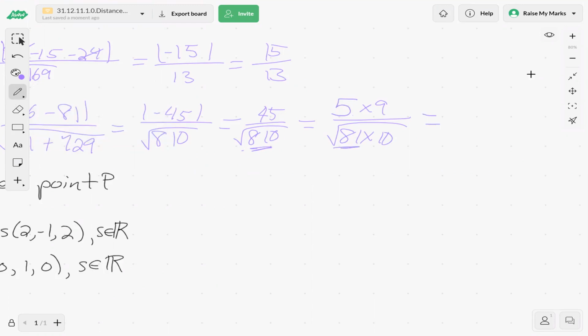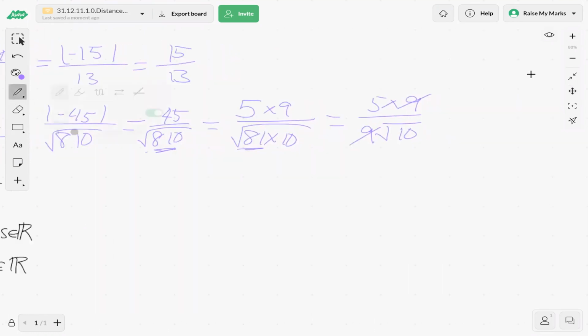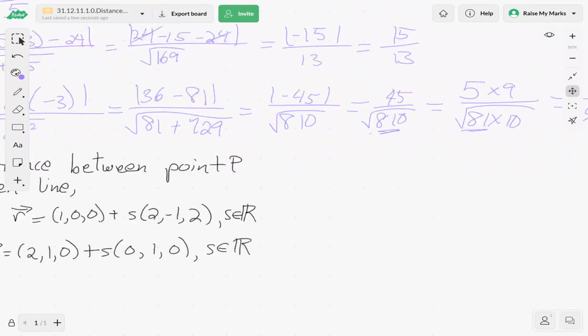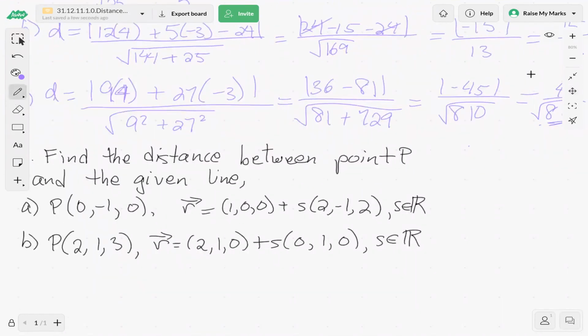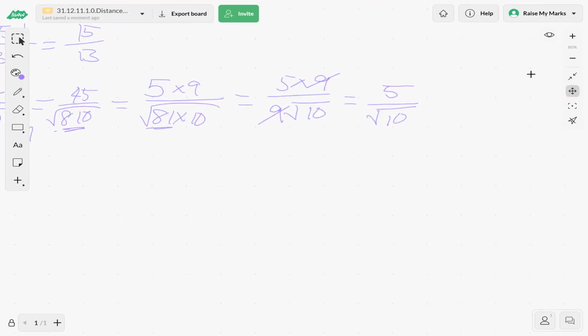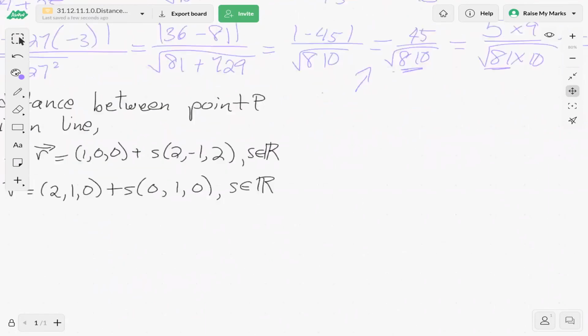The square root of 81 is 9, so we cancel out a factor of 9. Our result is that the distance is 5 over the square root of 10. Depending on what kind of answer your teacher is looking for, we can stop here. But if you're asked to simplify, just keep going and look for ways to simplify and common factors.